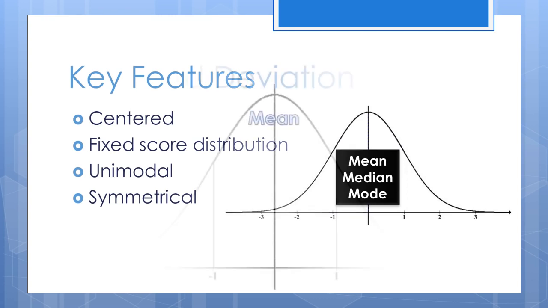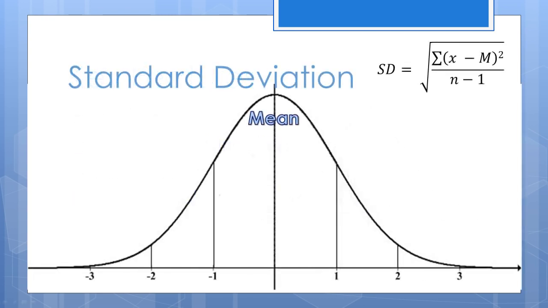Standard deviations are used to measure how much variation exists in a distribution. Low standard deviations mean values are close to the mean, whereas high standard deviations mean that values are spread out over a large range. In a normal distribution, approximately 34% of scores fall between the mean and one standard deviation above the mean.